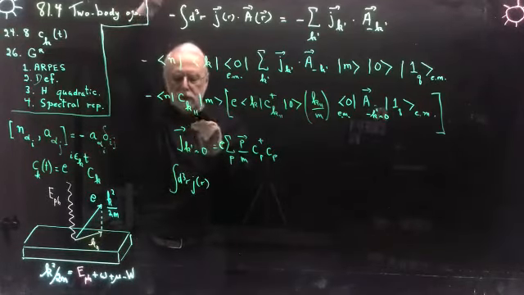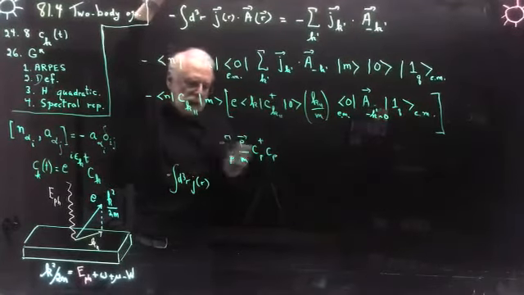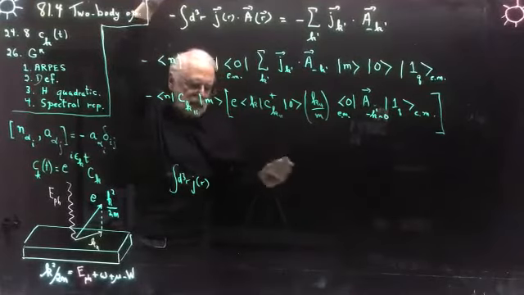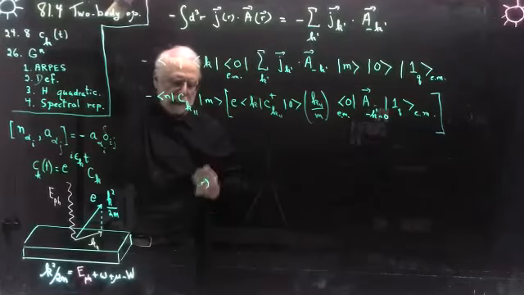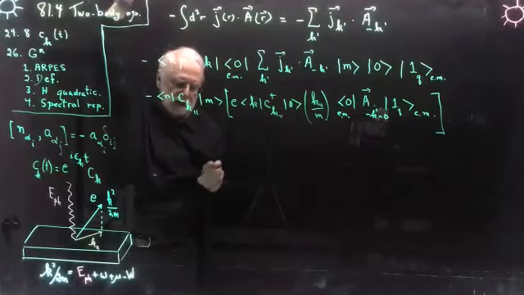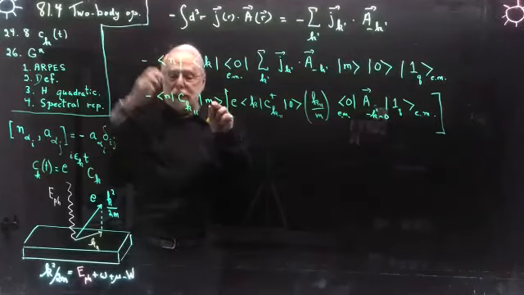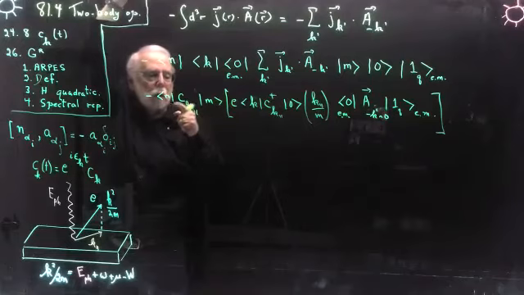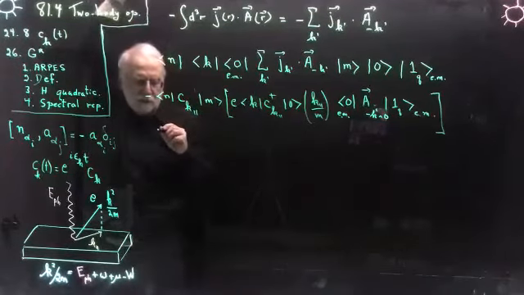So if we write the golden rule now, there will be 2 pi over h bar, and then the square of this matrix element, and then the sum over final states.